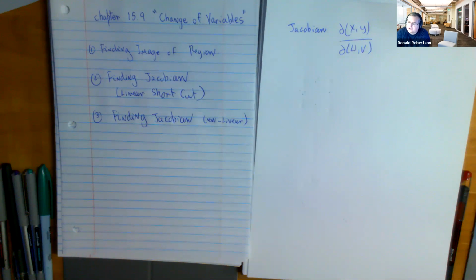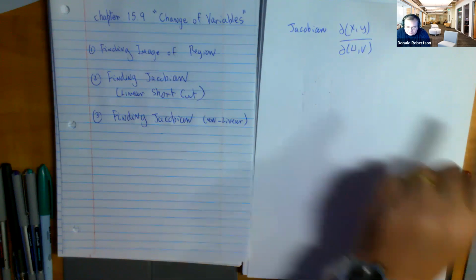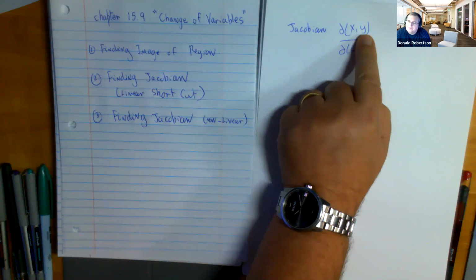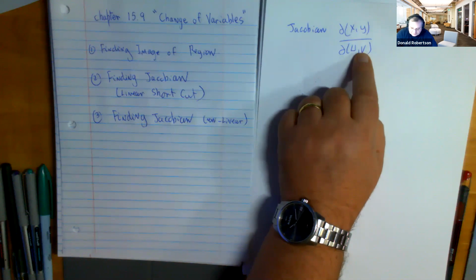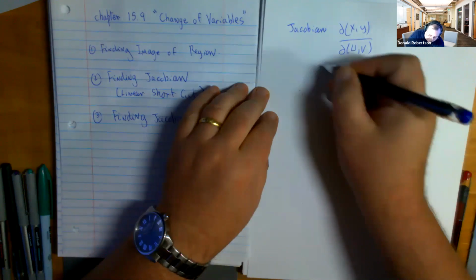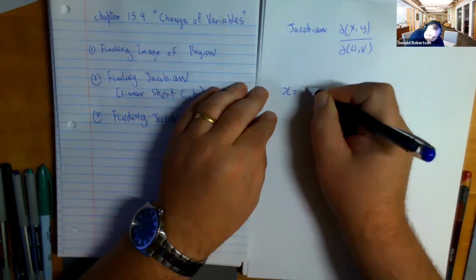That's about the closest description I can give you. So there are going to be 2 variables, x and y, both being differentiated with respect to 2 other variables called u and v.